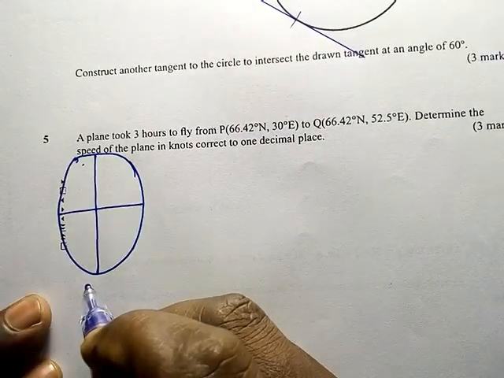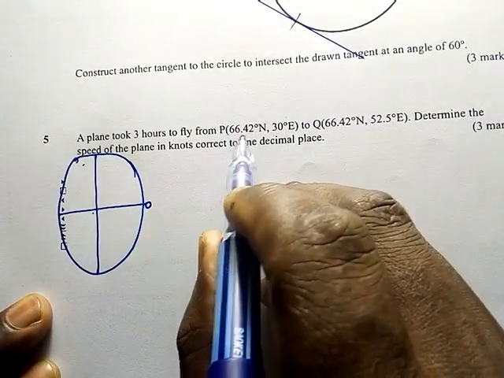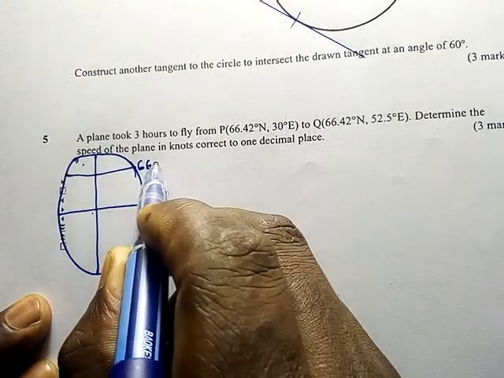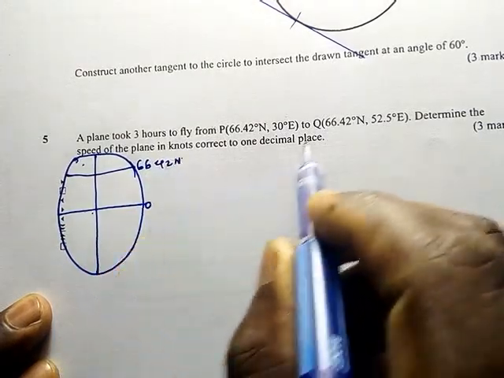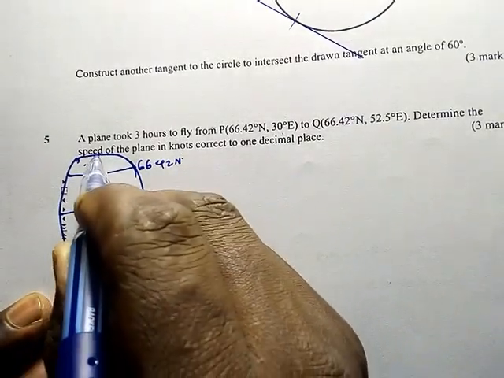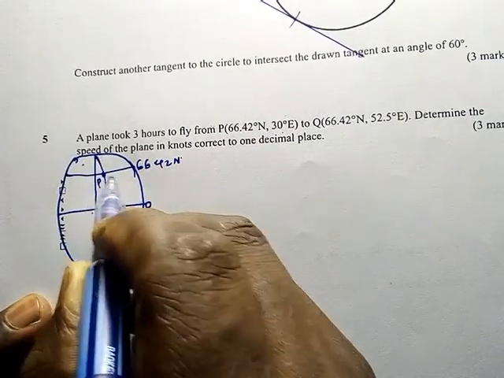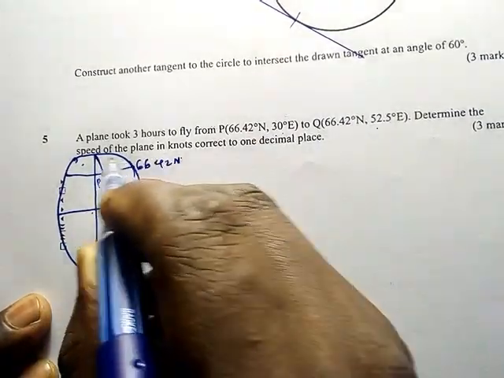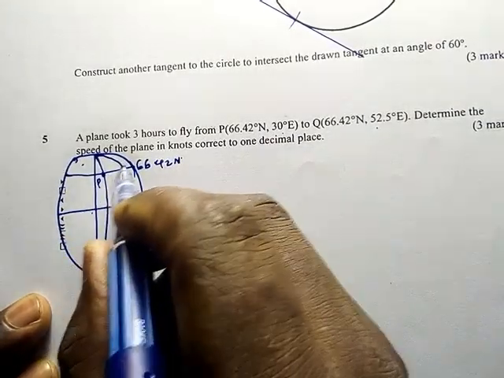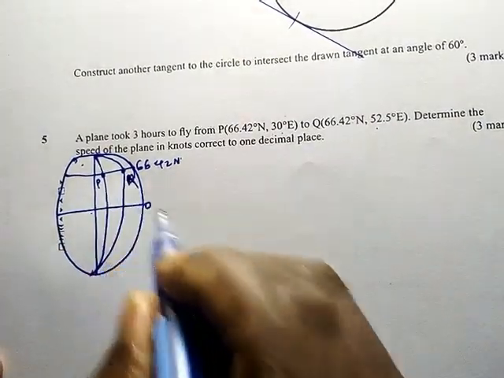So if we sketch this diagram, this is the equator, 0, this is the Greenwich meridian. 66.42 north is here, and then we have 30 east, this one here as point P, and then 52.5 would be somewhere there, this is Q. So you can see this is a small circle. Our P and Q are on a small circle.